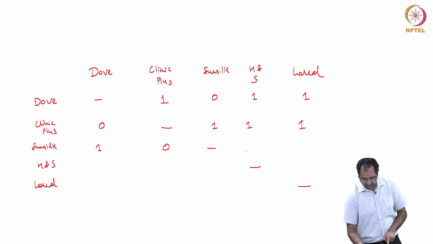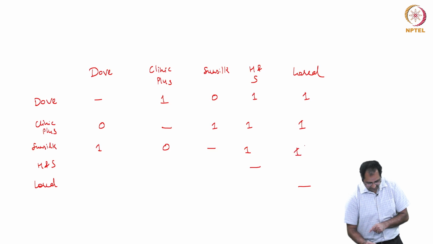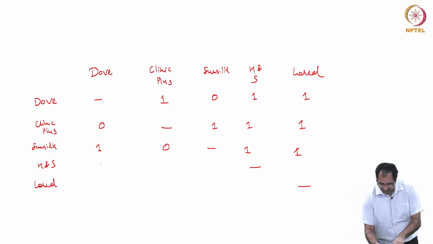The next one, between Head and Shoulder and Sunsilk. Do you use Head and Shoulder? Between L'Oreal and Sunsilk? L'Oreal. So between Head and Shoulder and Dove we have done already, Head and Shoulder.